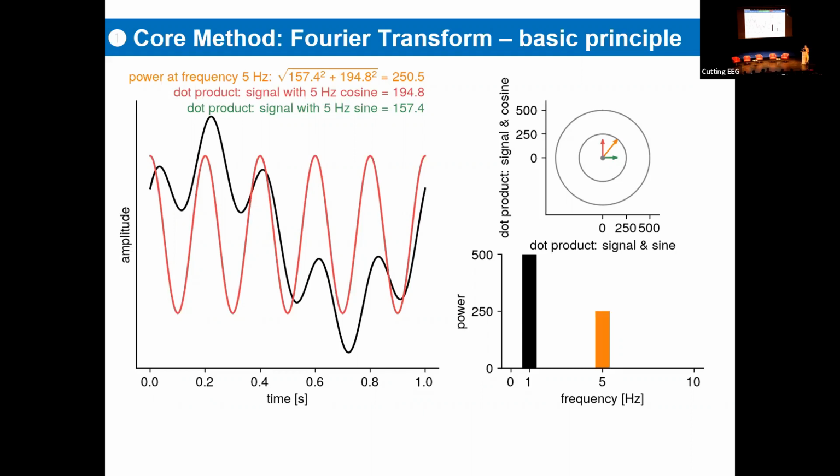All right, so we will arrive at our notion that our signal is composed to a large degree of a 1 hertz component and to some smaller degree of a 5 hertz component. This is just a small synthetic signal, and I left out the other frequencies here because, for an infinitely long signal, they would give us 0 similarity values.